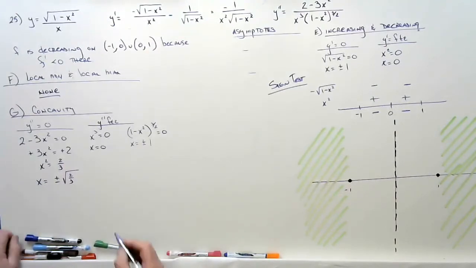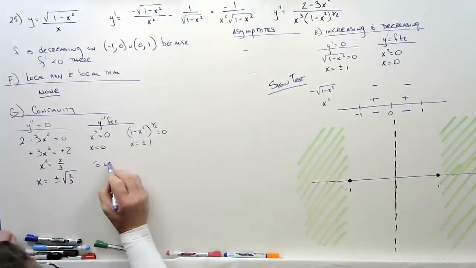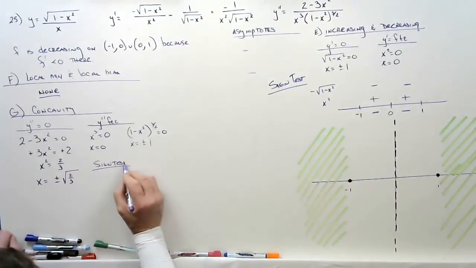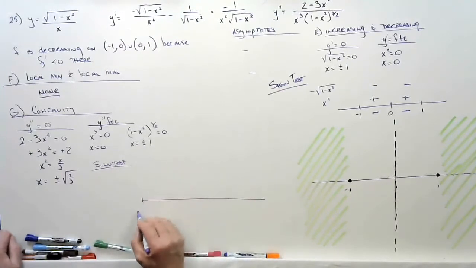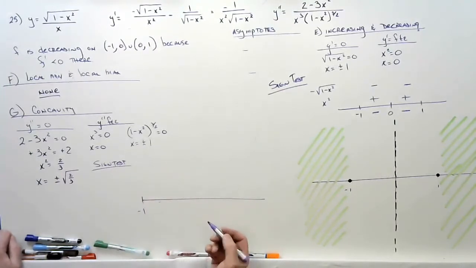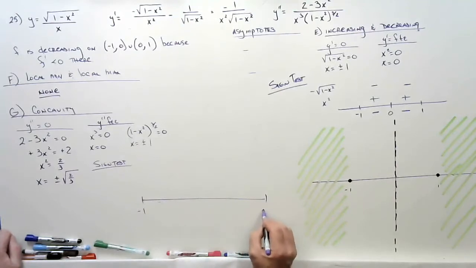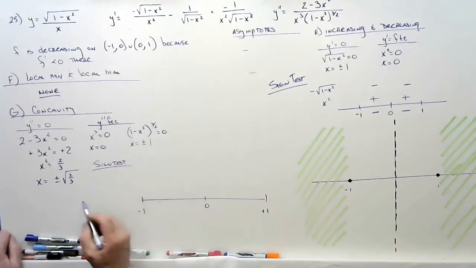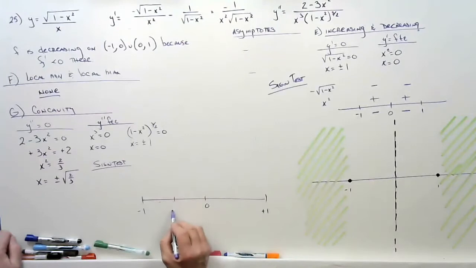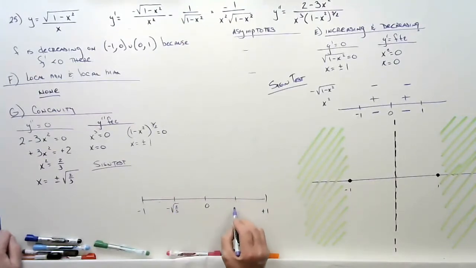So now we run our sign test. We have 1. Well, of course we have 1. That's where we start, right? That's where our world starts. Our world ends at 1 and -1 because that's our whole domain. We have 0. There it is. We have minus root 2/3, and we have plus root 2/3.